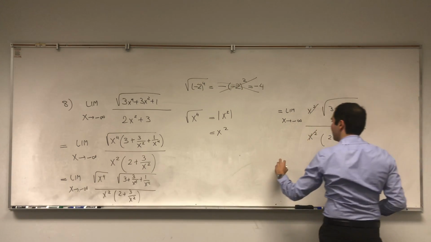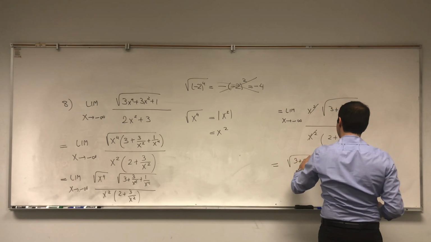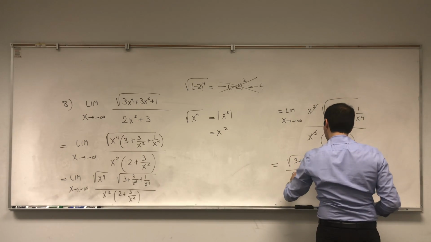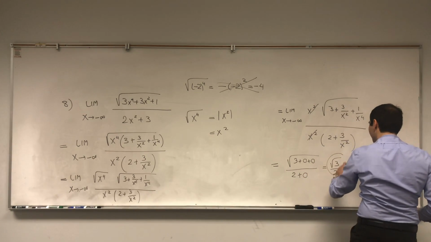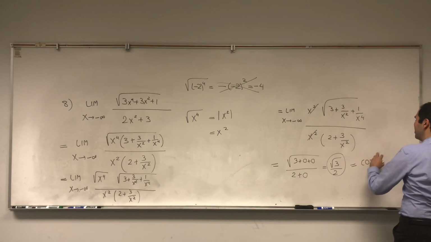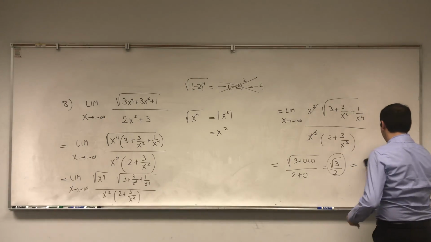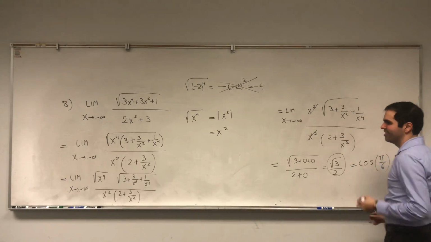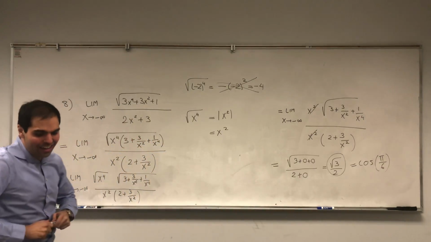You cancel that out, and you just get the square root of 3 plus 0, over 2 plus 0, and that's the square root of 3 over 2. Woo! Or, if you want to flex a little bit, cosine of pi over 6. Well, again, complete coincidence. It's cosine of pi over 6.